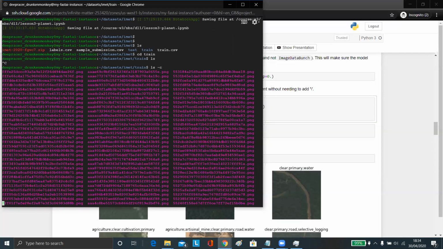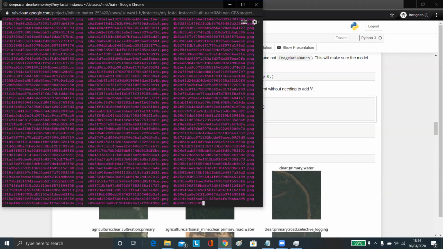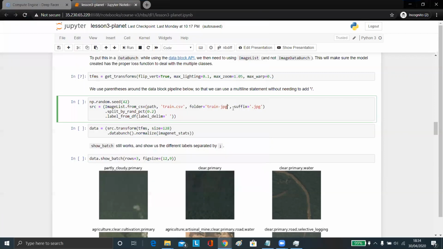Oh no, it does not give you the count. So they've all got .png on the end of them. That's good to know, so those two things tie up. So we'll use the train folder, and then I guess we'll swap JPEG for PNG.